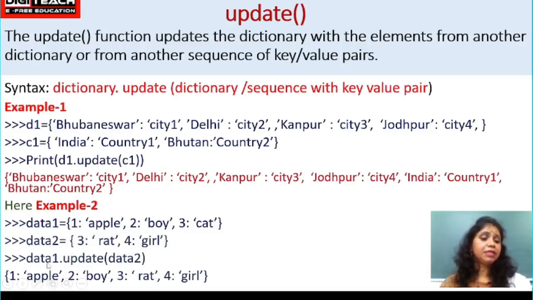When you update data1 with the data2 variable, you check the common key. In data1, 3 has the value cat, but in data2, 3 has the value red. So, cat is updated with the value red, because this is the function of the update function. Let us do it practically, so that your doubt will be totally clear.